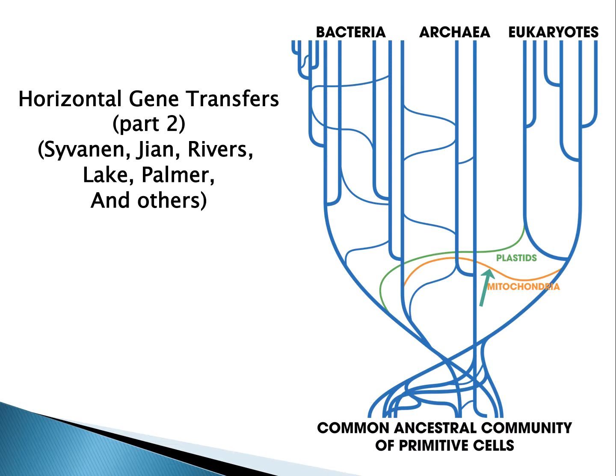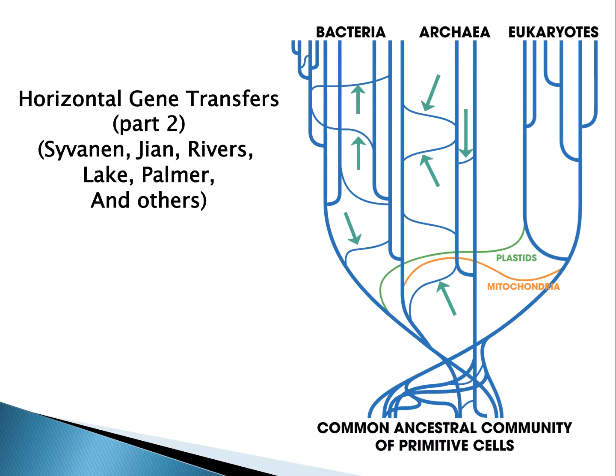So the mitochondria came out of the proteobacterial group to become a mitochondrion in plants and animals, and protists as well. And then the plastids entered via a cyanobacterial ancestor that made these protist cells photosynthetic.